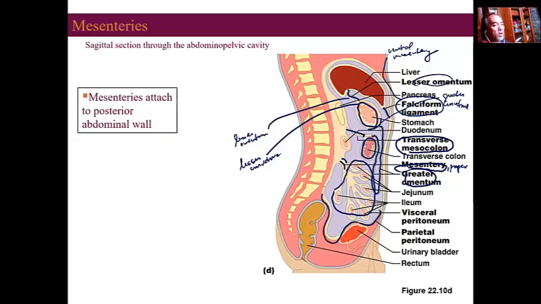Then after that, it turns around and goes onto each of the organs. The peritoneum that wraps around each of the organs is called the visceral peritoneum. Then it turns around again and goes to the wall, and from here it turns around and goes into the transverse colon, and that's actually what mesenteries are.